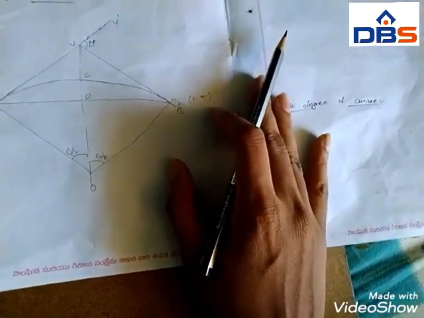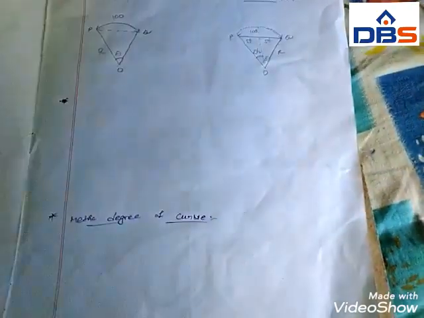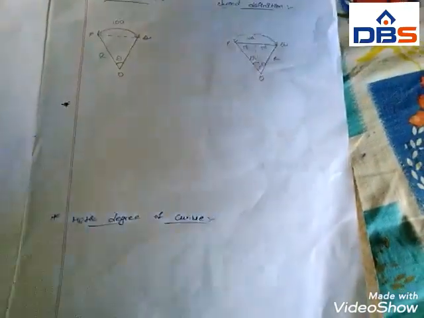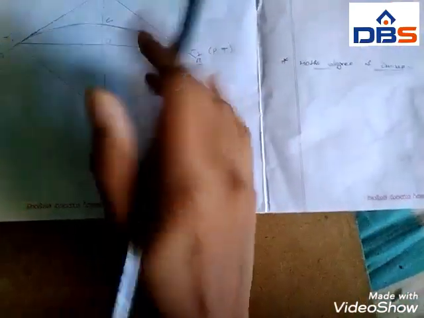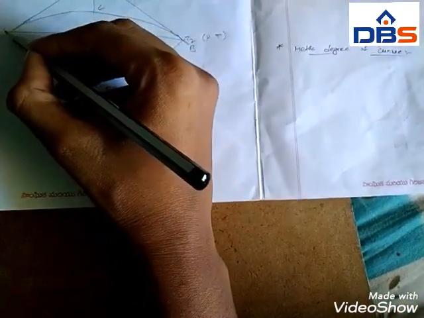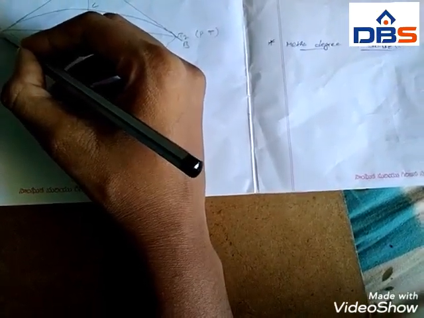Now definitions and notations. In definitions we have different parts to explain, and the first one is the back tangent. The back tangent is the previous line which starts from A. It is denoted with T1.